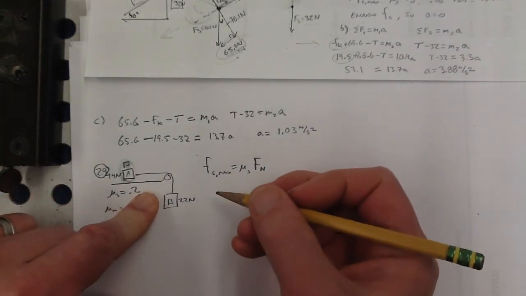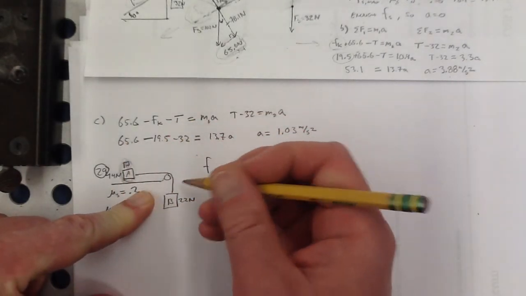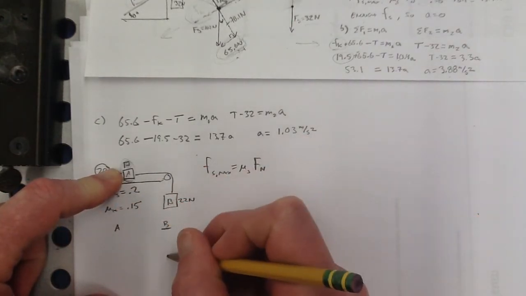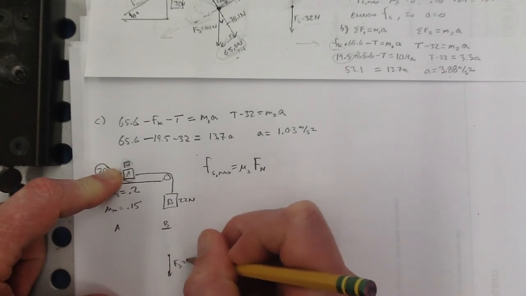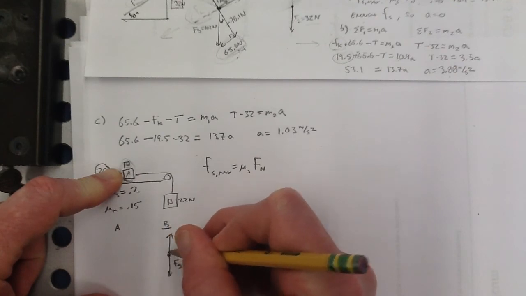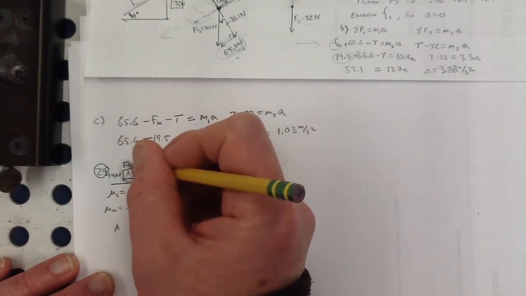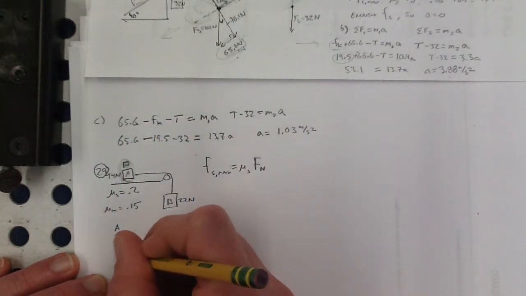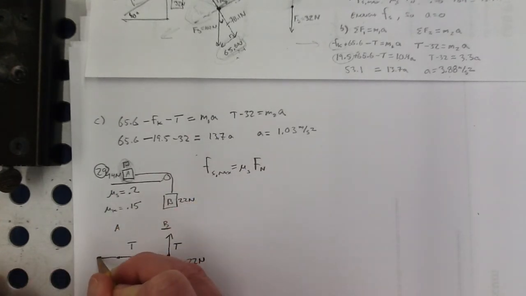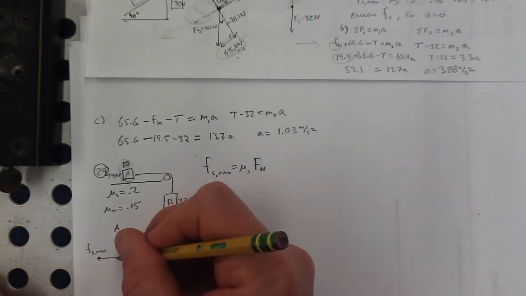And if things are going to be balanced right at the edge of maximum, right before it starts to move, then for block B, I'm going to have 22 newtons of gravitational force. And so if things are balanced, then so is the tension, 22. And then on this AC block, I would have that same amount here, and then that maxed out amount of friction.